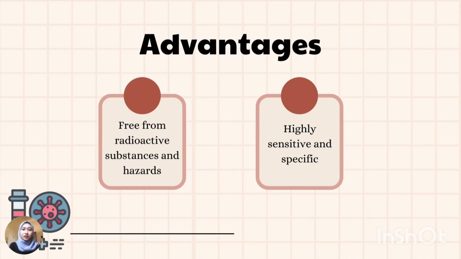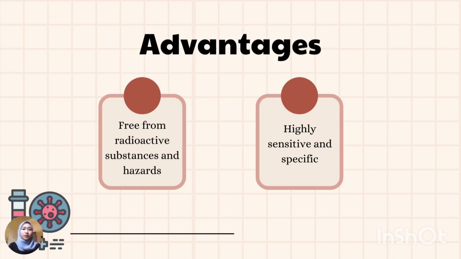There are a few advantages of using ELISA for the detection of SARS-CoV-2 through the serological antibody test. Firstly, it is free from radioactive substances and hazards because it uses enzymes as labels instead of radioactive isotopes.